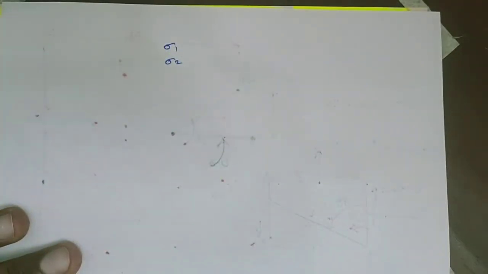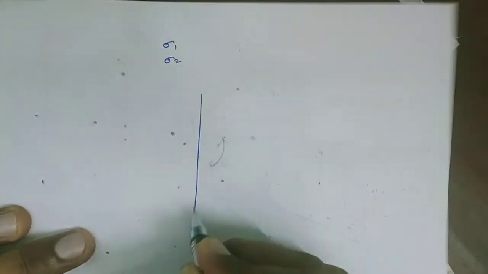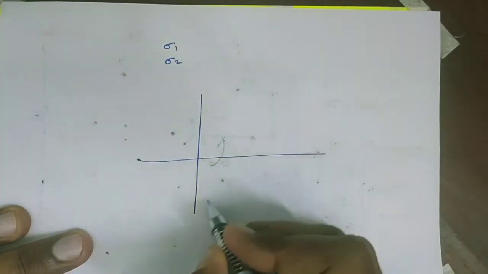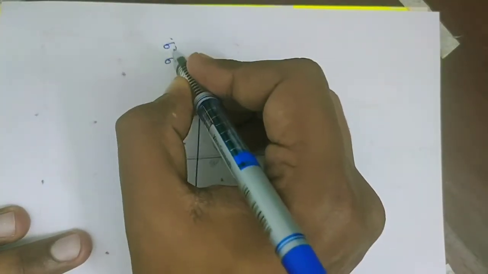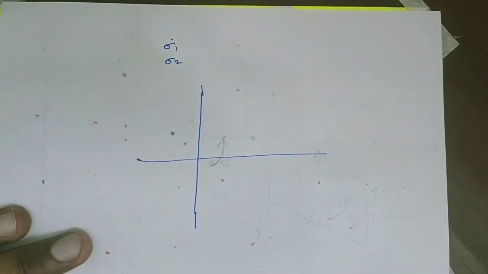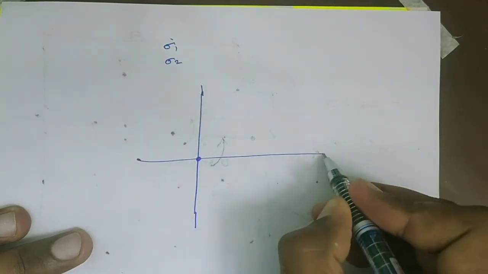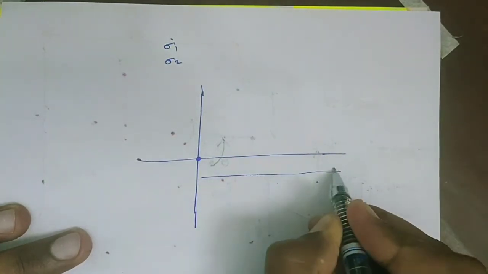inclined plane. Next, if the inputs are principal stress values, sigma 1 and sigma 2, how can we draw a Mohr circle? Again, draw a line, xy line. From the origin, mark first principal stress sigma 1.